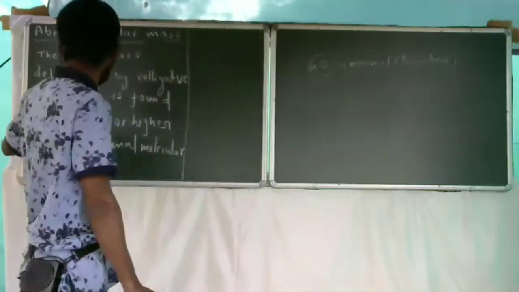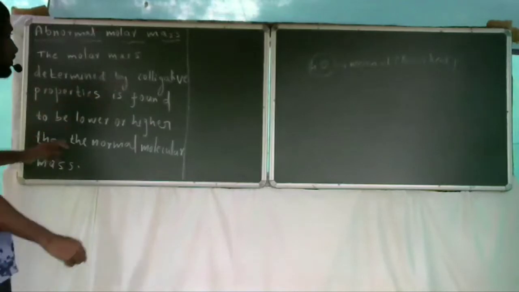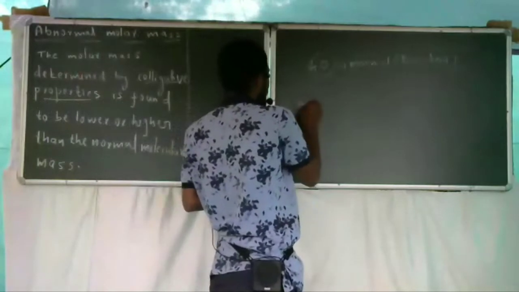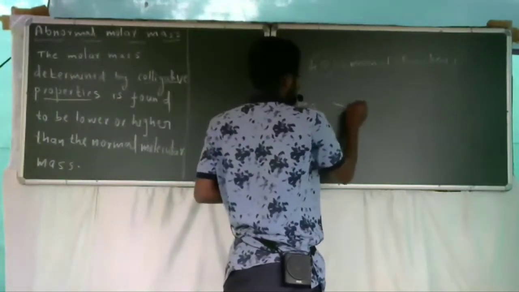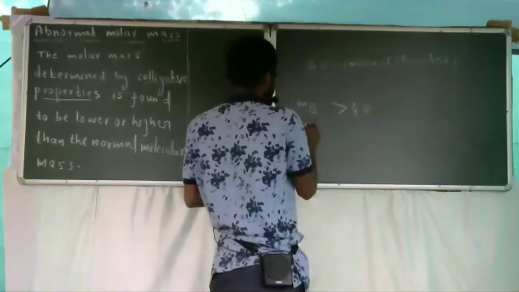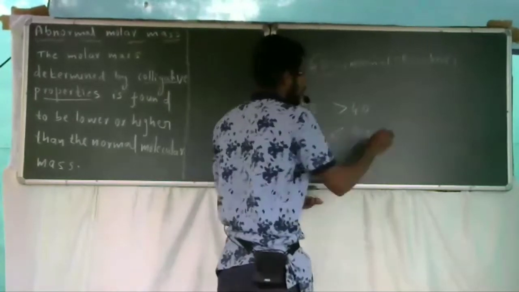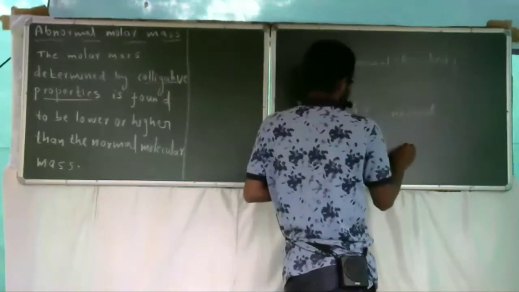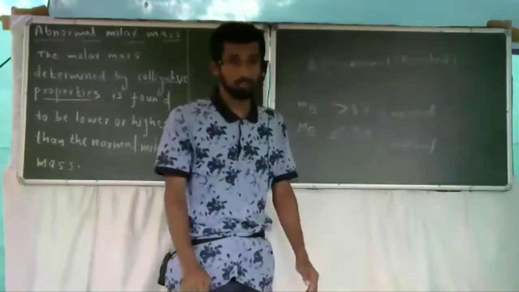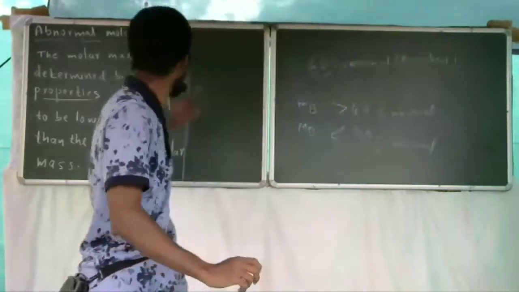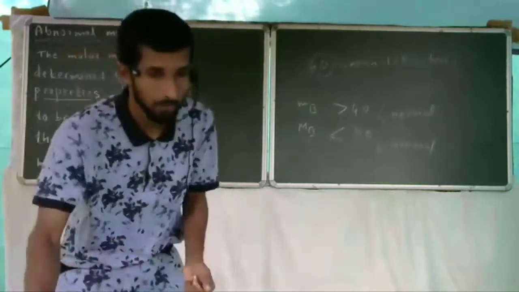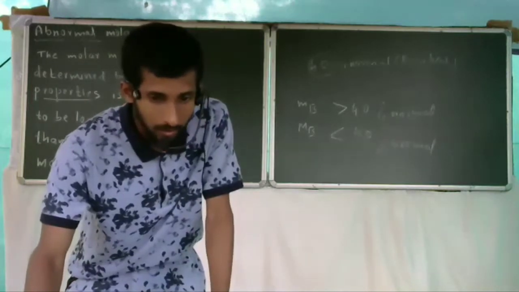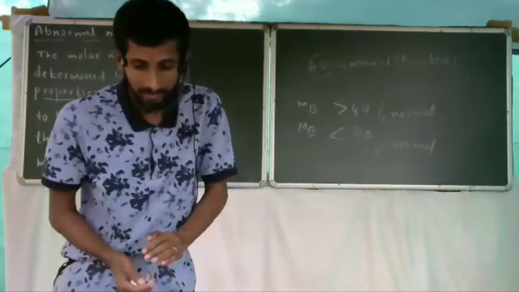But if you calculate the molar mass of the substance using a colligative property, that molar mass is either greater than 40 or less than 40, that is, either greater than the normal molar mass or lower than the normal molar mass. Then that molar mass is called abnormal molar mass. There will be some change in the experimentally calculated molar mass compared to the theoretical value.